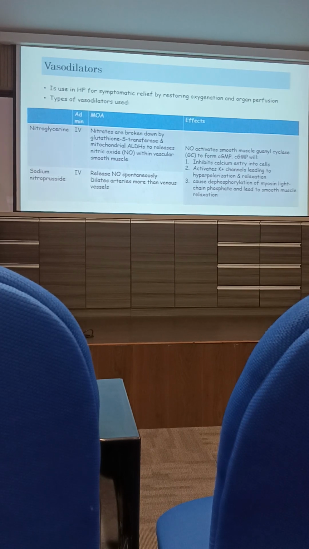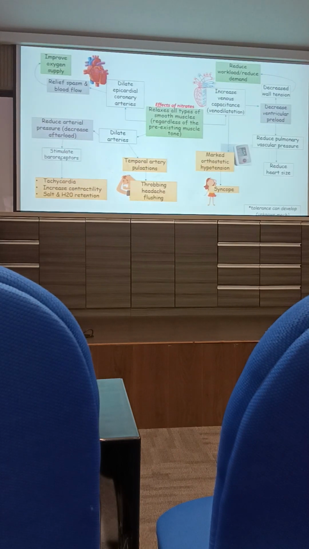And like I mentioned in my previous lecture, what will happen to the blood vessels caused by nitric oxide? Again, I show you the diagram that I shared earlier. It will dilate the coronary arteries, and dilate the arteries and also the veins. Again, this is the effect that we want. It relieves spasm and improves blood flow. It will reduce the afterload, and it will reduce the preload.